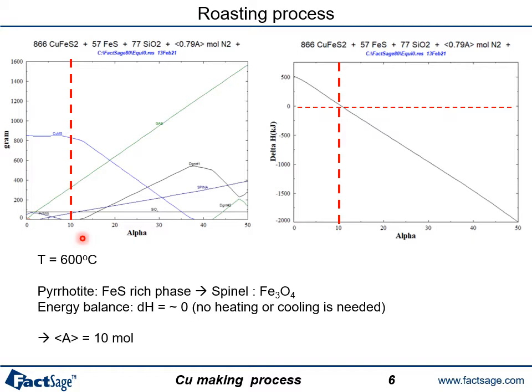Of course, you can target something else, but in this calculation, let's assume alpha equal to 10 is the target roasting process. Once you do that, you can save the result from alpha equal to 10 as input for the next calculation.